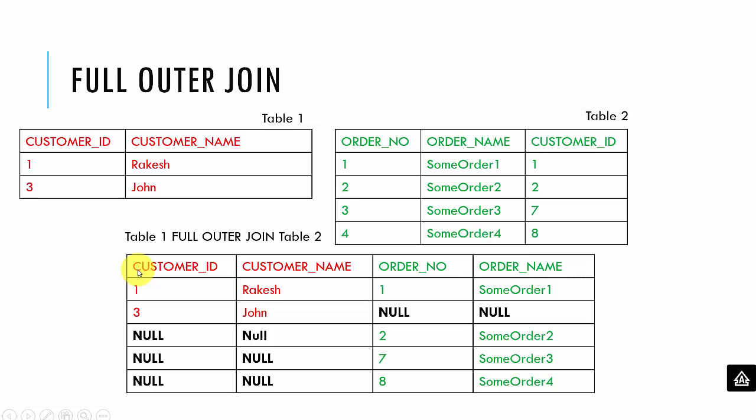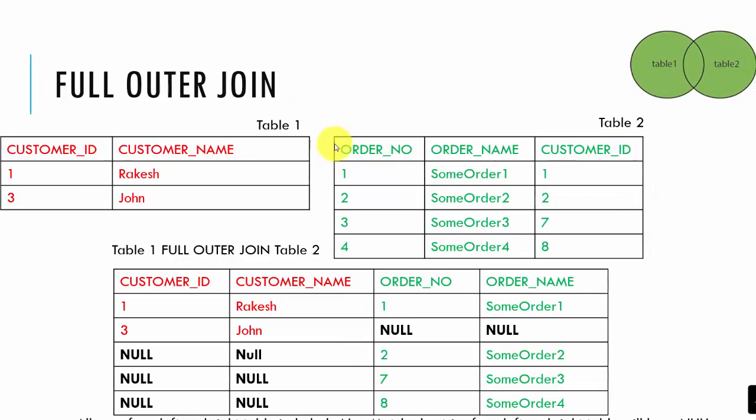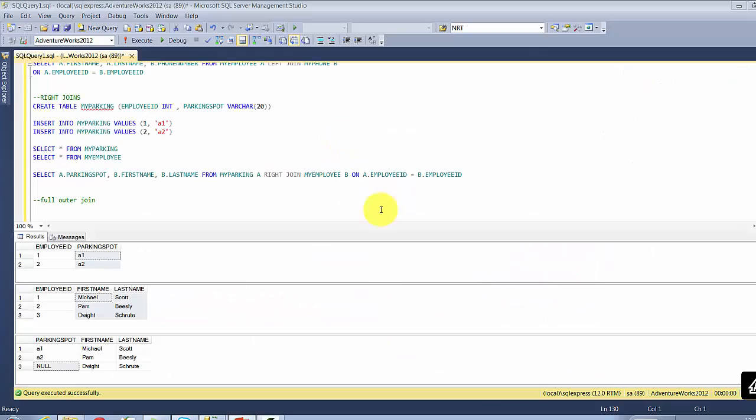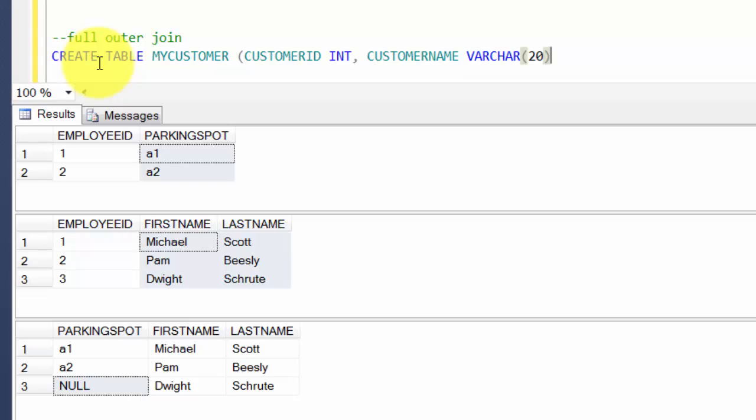So let's create these two tables so that you can have a look, right? And this is how visually it looks like. All right, so I am going to go ahead and create a customer table. So I'm going to say create table my customer, and then I'm going to say customer ID, and then what did we have? Customer name. Yeah, customer name.